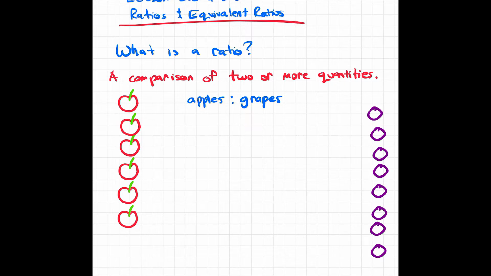We just count them out here. For apples, we got 1, 2, 3, 4, 5, 6 apples. And for grapes, what do we have? Well, we've got 1, 2, 3, 4, 5, 6, 7, 8. I've got 8 grapes. So the ratio of apples to grapes is 6 apples to 8 grapes. So it's 6 to 8.